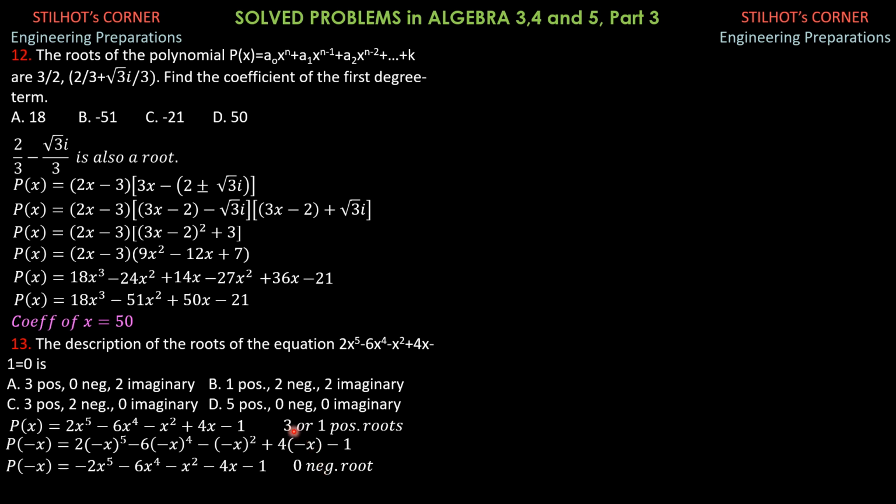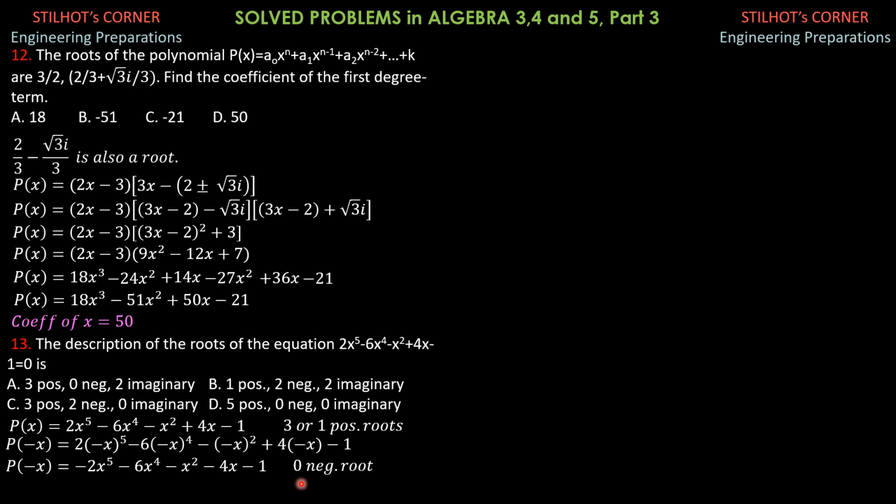So again, one possibility is 3 positive roots, 0 negative roots, and 2 imaginary roots because the degree of the polynomial is 5. We expect 5 roots. So if there are 3 positive roots, then 0 negative roots, this is definite, and therefore 2 imaginary roots. The other possibility is 1 positive root, 0 negative roots, and 4 imaginary roots.